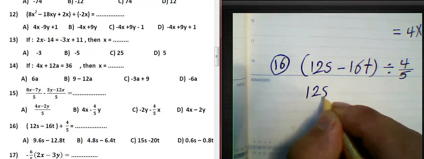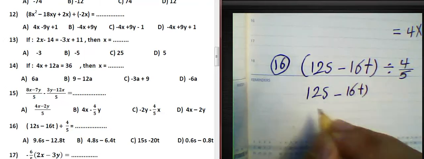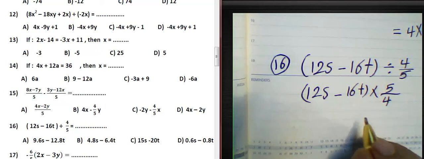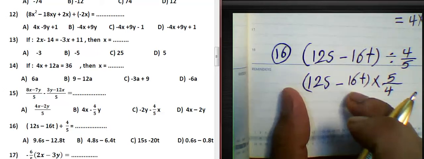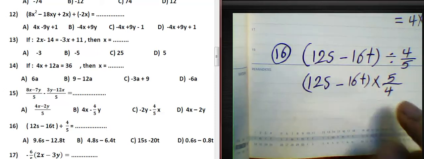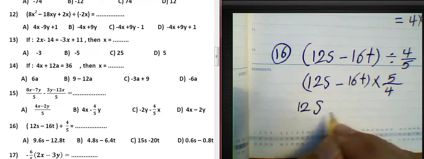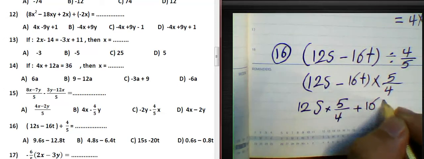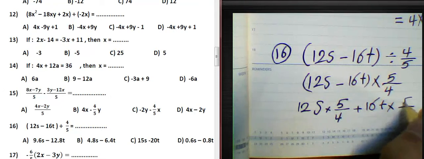So 12s subtract 16t multiply by 5 over 4, and we can use distribution with 5 over 4. We write 12s multiply 5 over 4 plus 16t multiply by 5 over 4.